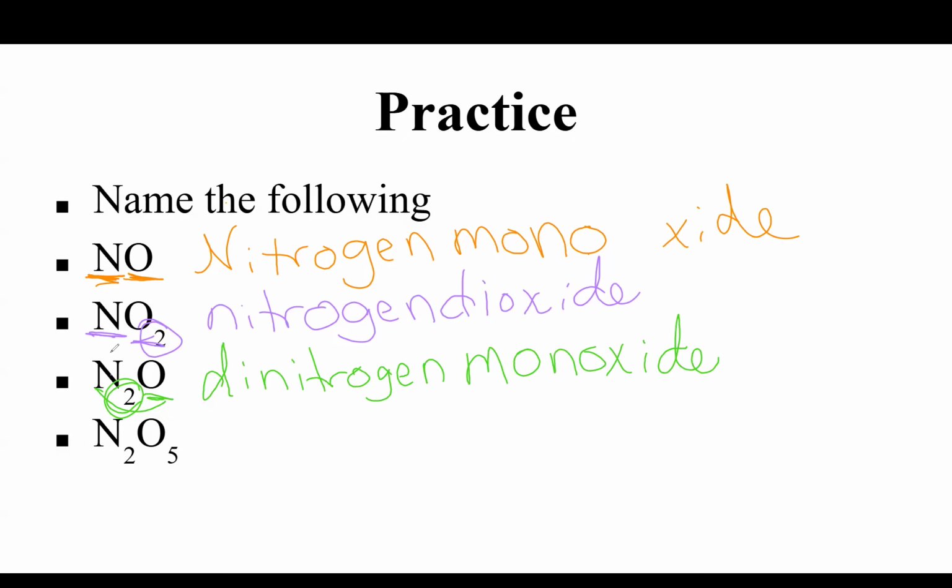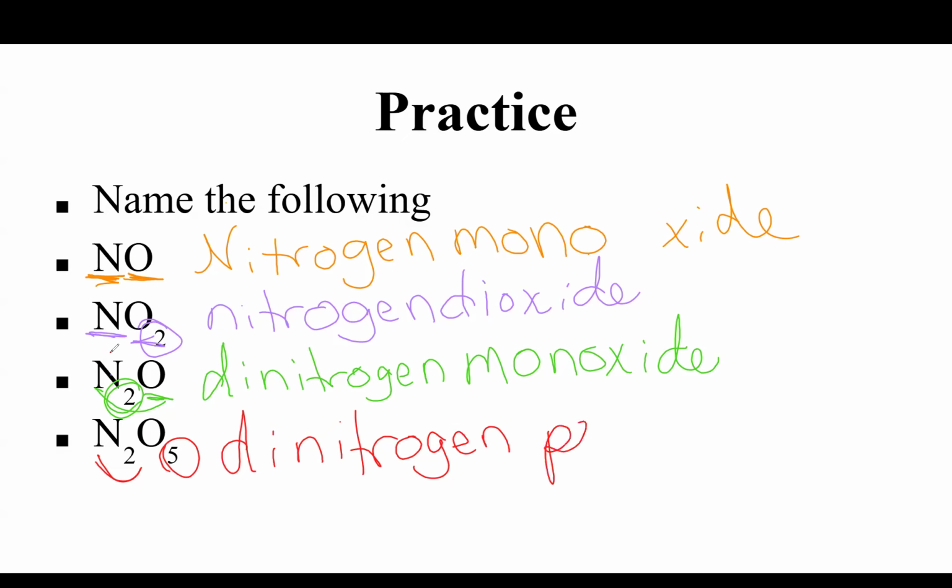Our last one, we have two nitrogens. The prefix for two is di, dinitrogen. How many oxygens? Five. Look at your chart. What's the prefix for five? Like a pentagon.